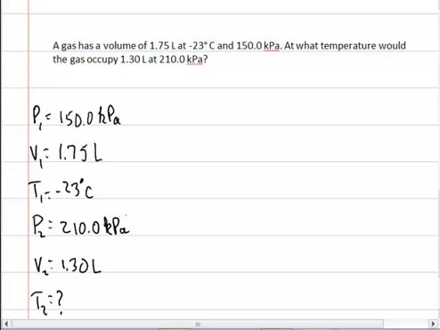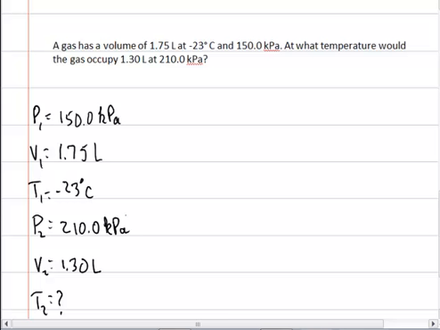Alright, now the first thing we need to do here is to first of all convert our temperatures. Remember, we said that temperatures have to be converted to kelvins, and so I'm going to take my minus 23 degrees Celsius and add to that 273.